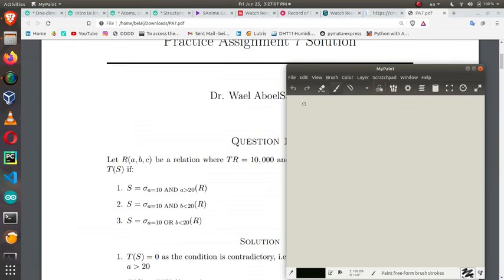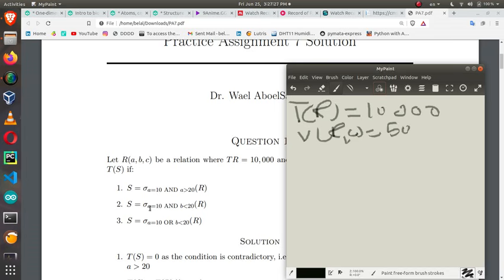So we have T of R equals 10,000 and V of R, A equals 50. So the number of tuples that satisfy the first part, the rule is T of R over V of R, A. 10,000 over 50 gets us 200.